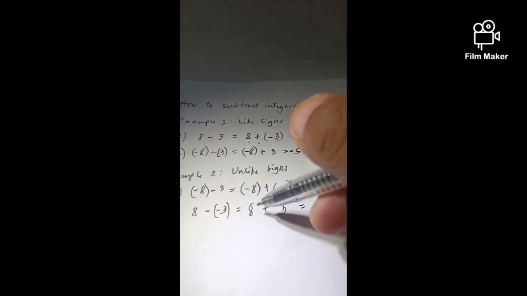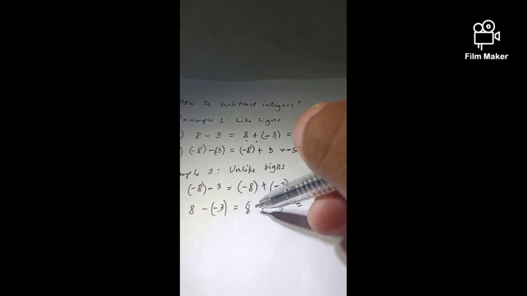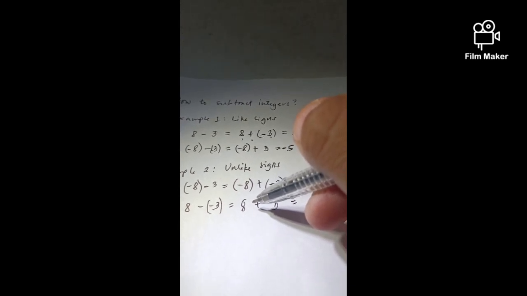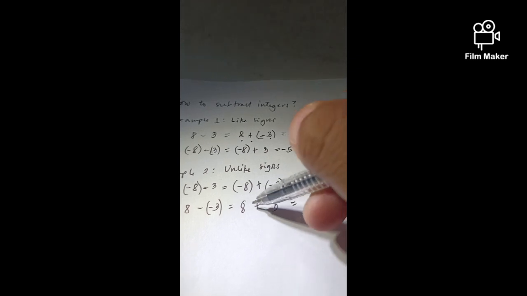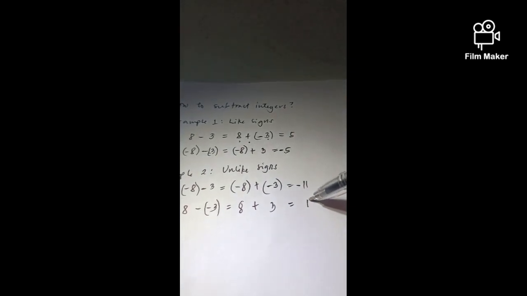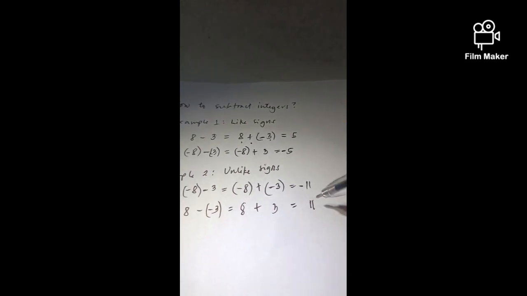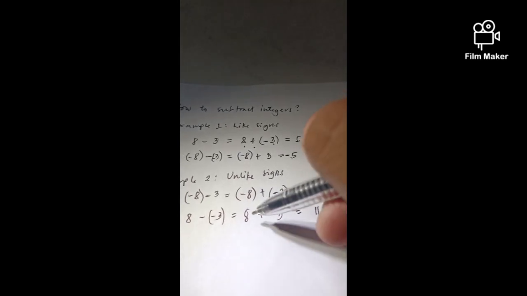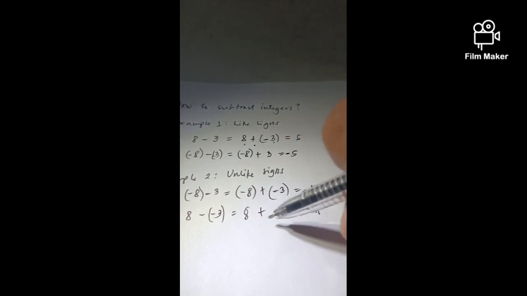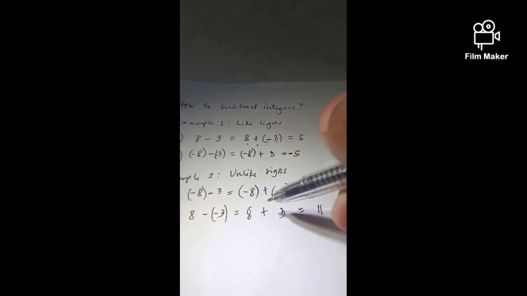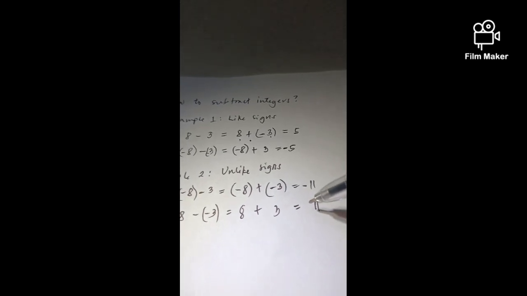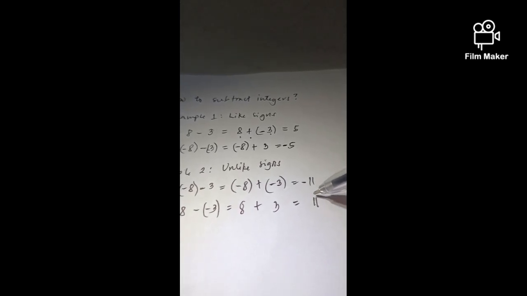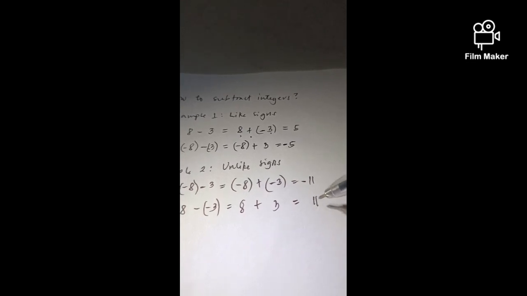Like sign sila, sabi doon sa rule na pinag-usapan natin nakaraang linggo, or that Tuesday ba yun? 8 plus 3 is 11. Absolute value yun. Now, yung tanong natin ay, which sign should be carried to 11 as our final answer? Considering na yung two addends are having common sign which is positive, positive 8, positive 3, therefore, that common sign should be carried to our answer. And this 11 will become positive 11 as the final answer.